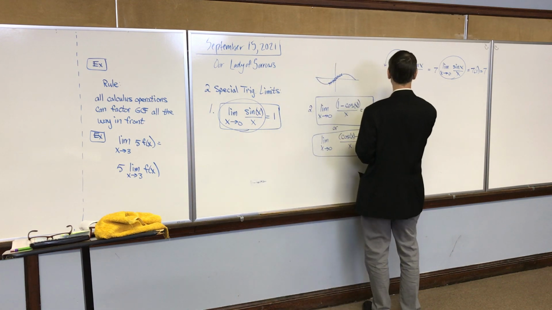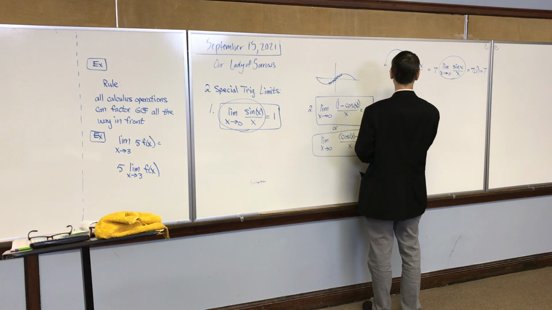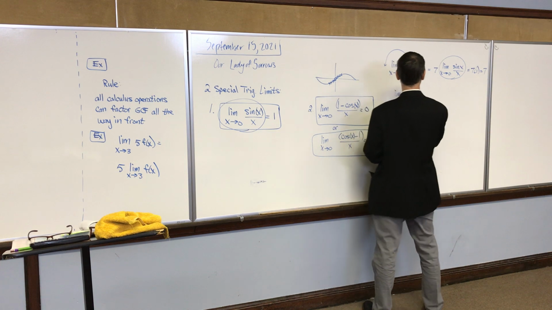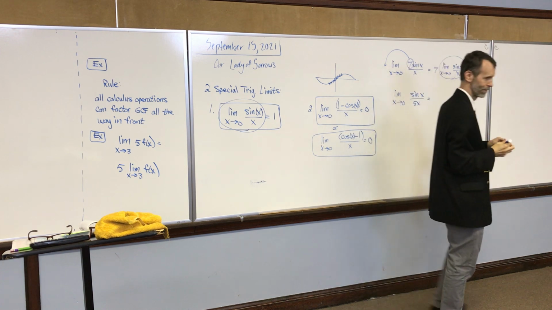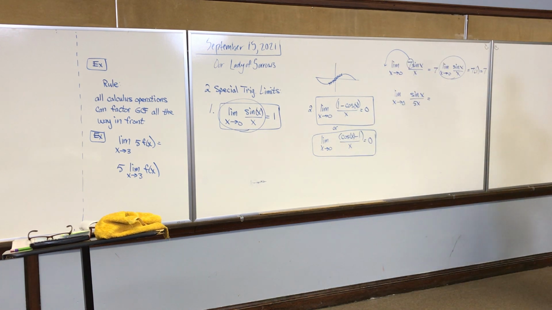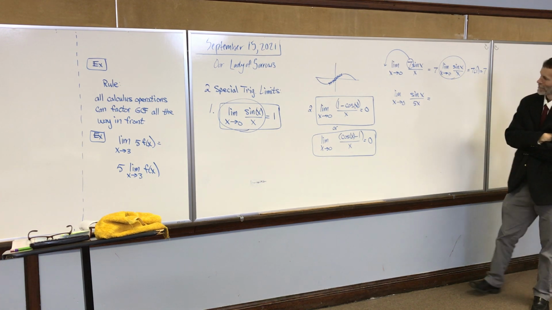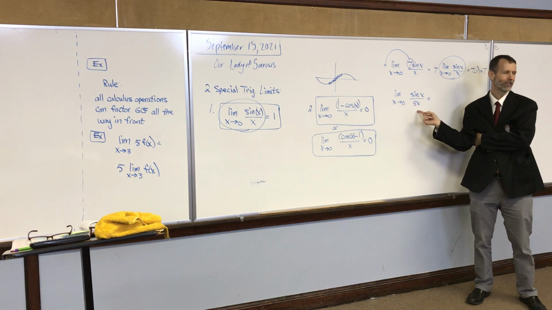Now try this. This is a little harder to see. The limit as x approaches 0 of sine of x over 5x. Okay, math smarty pantses. Is this something we know the answer to?